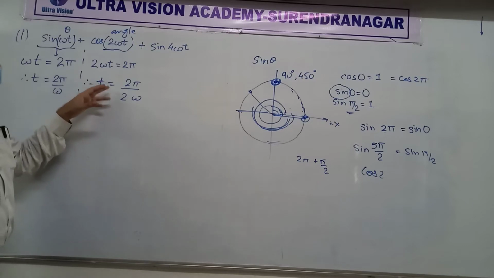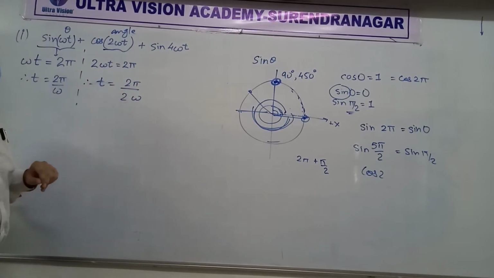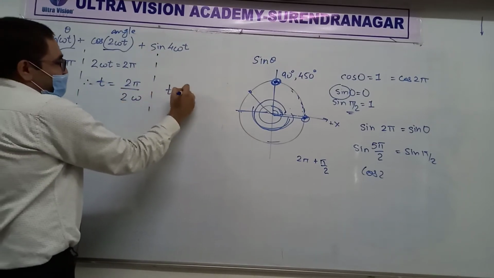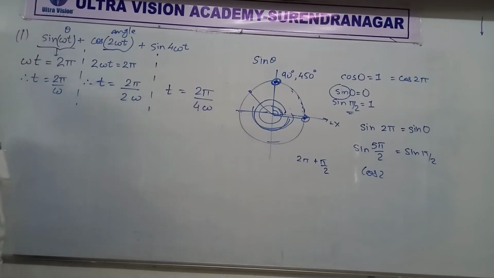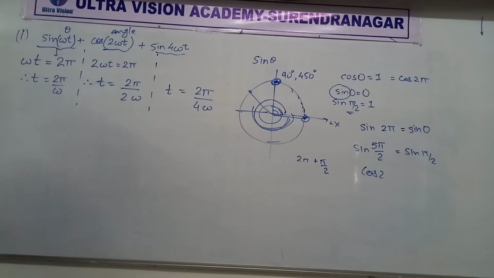The second term will repeat itself after 2 pi by 2 omega. Similarly, let's look at the third one. Without much ado, I can just write it like this. So t is equal to 2 pi by 4 omega is the time after which the third term will repeat itself.